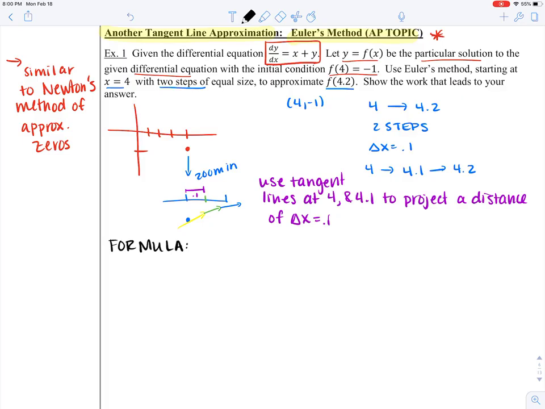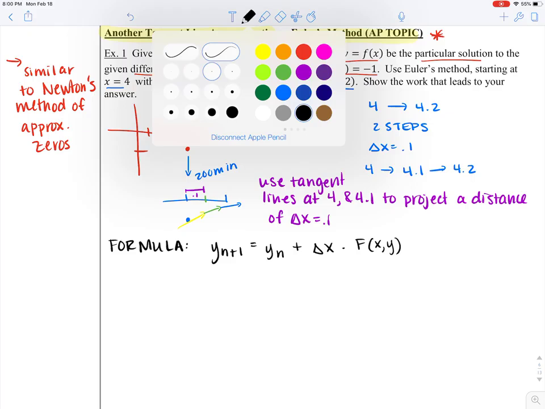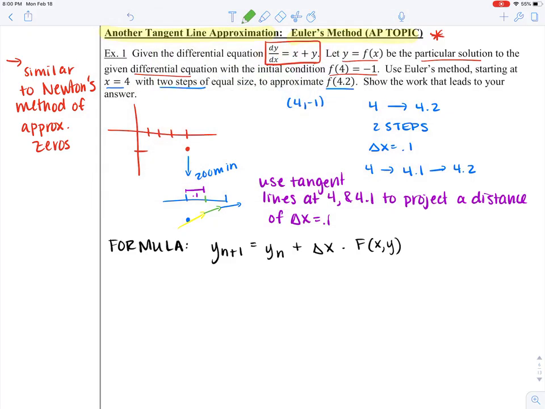So in calculus books, you're going to see y sub n plus 1 is equal to y sub n plus delta x times capital F of x, comma, y. What in the heck does this mean?